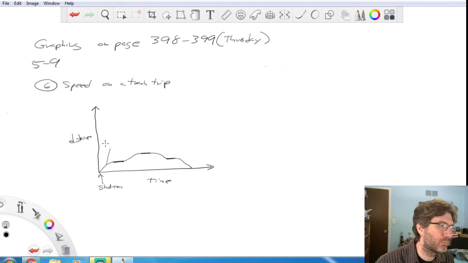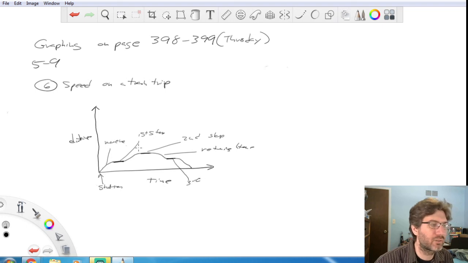So this is actually moving. Here we have our first stop. Here we have our second stop. Here we have returning home. Here we have our third stop, which is the same spot as our first stop. And then here we have returning home some more.